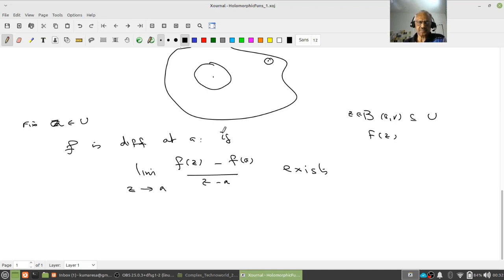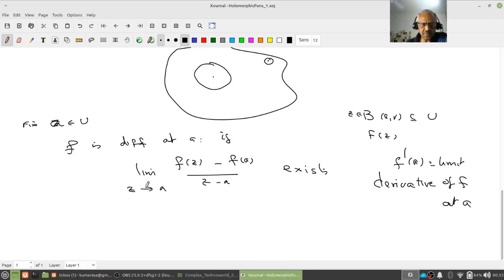This is our definition. If the limit exists, then we denote it by f'(A) and call it the derivative of f at A. So this is the standard definition.